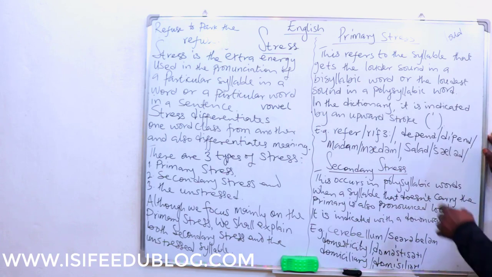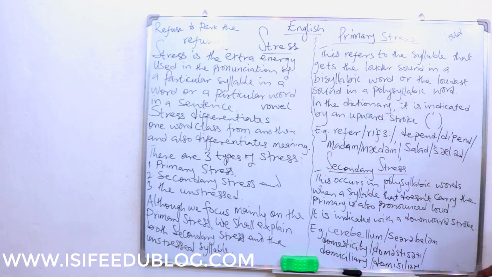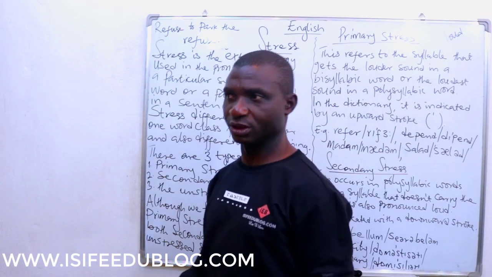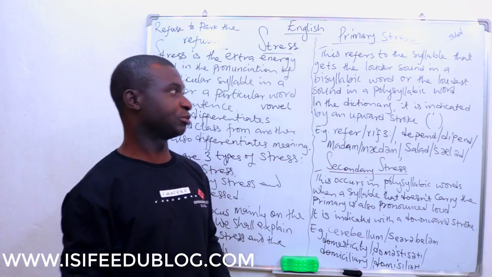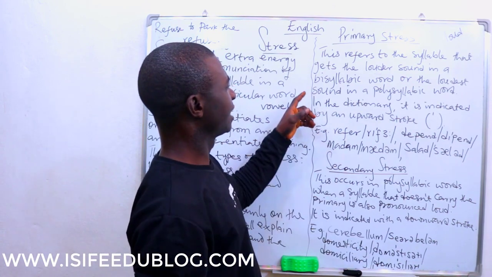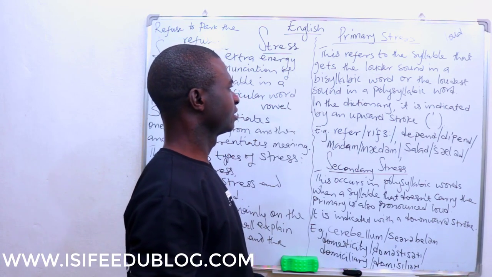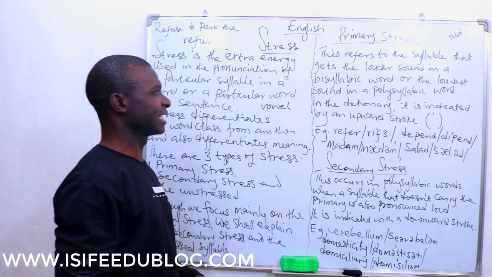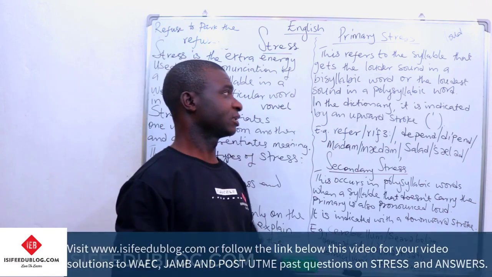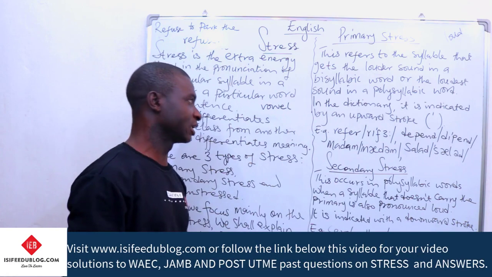Then I used loudest to refer to polysyllabic words of 3 or more syllables, because it would be wrong for me to say that the primary stress is the syllable that gets the loudest sound in a word. I will only be covering the polysyllabic words without looking at the bisyllabic words.